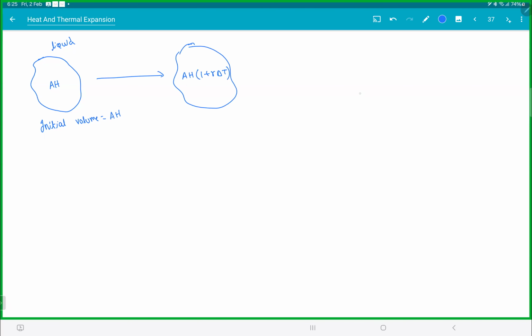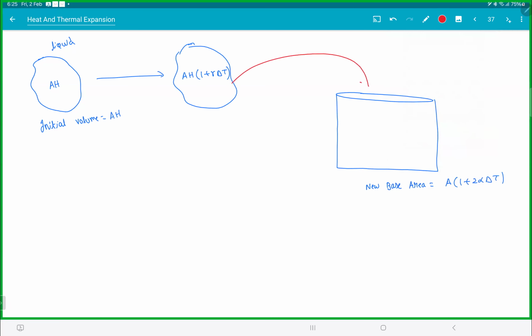Now, you took this container, the new base area will become A into 1 plus 2 alpha delta T. Area depends only on 2 alpha. And now you took this liquid and poured it in this. So when you dumped the liquid into this container with a new base area, I agree, the height also increased, but that's not our interest here, and let this new height be h dash.